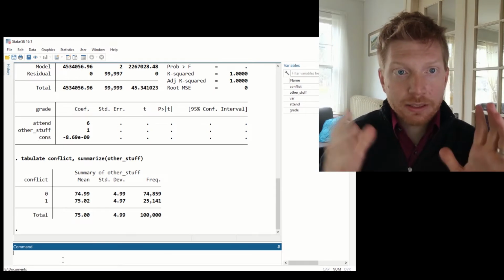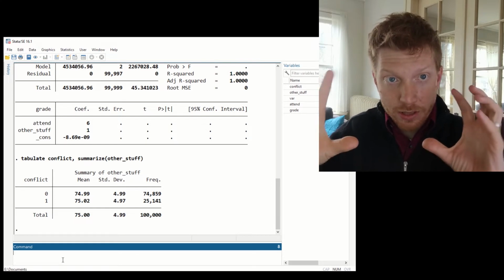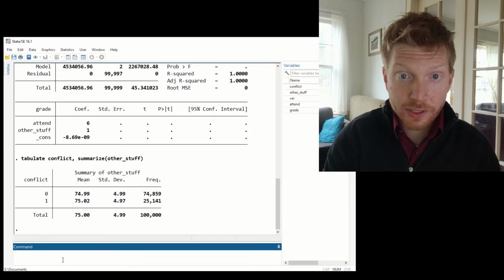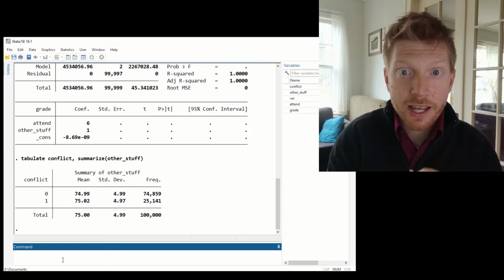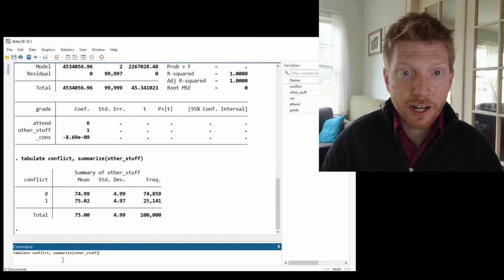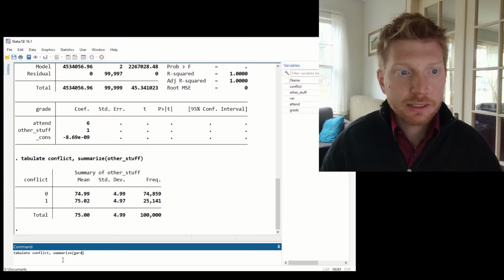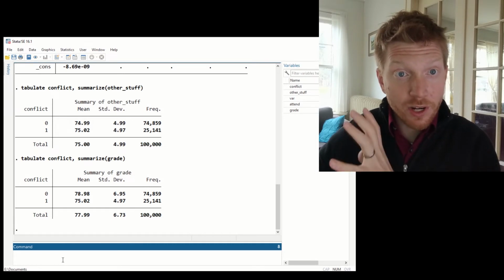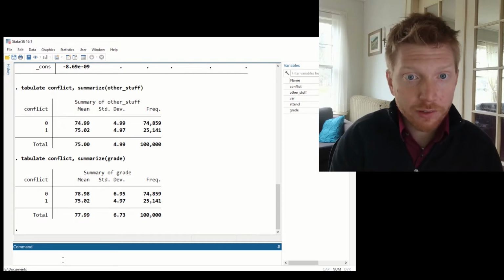It does not. On average, the other factors that are going into influencing the exam score lead to an exam score of 75, both with and without the conflict. If we look at grade, we see the grade is higher for those without the conflict.